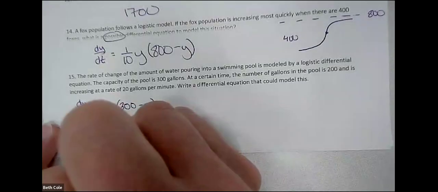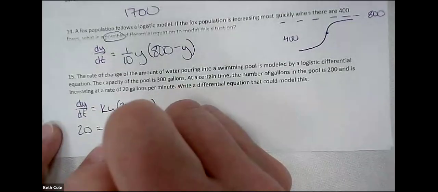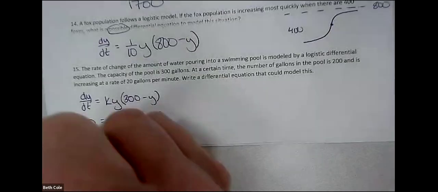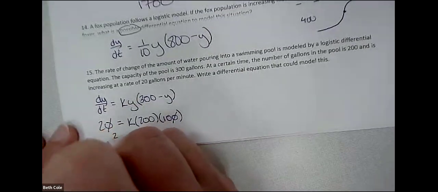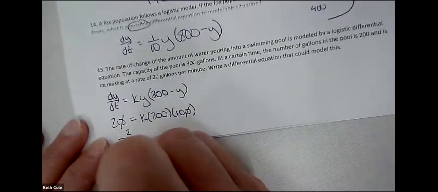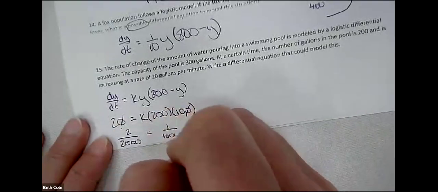We said our amount is 200, and if I plug in 200 here, 300 minus 200 is 100, and we're going to just solve this. I can cancel out a zero on each side, and so this is going to be 2 divided by 2,000, which if we reduce that would be 1 over 1,000.